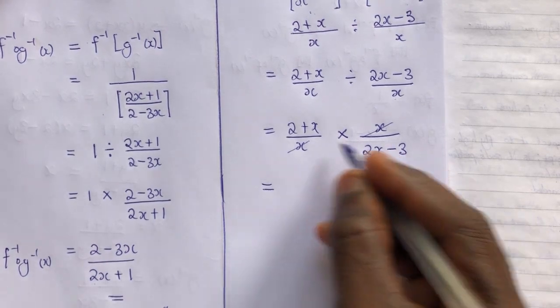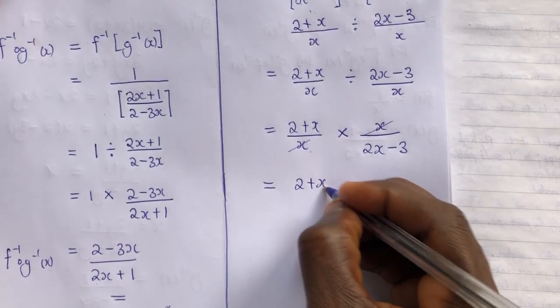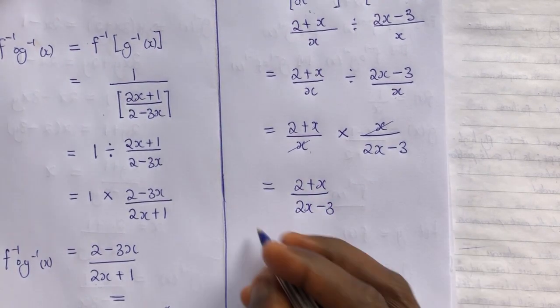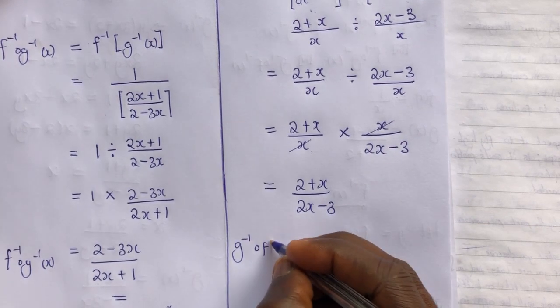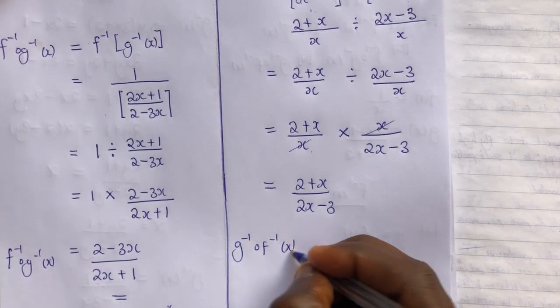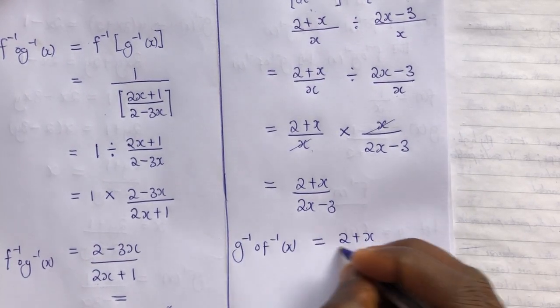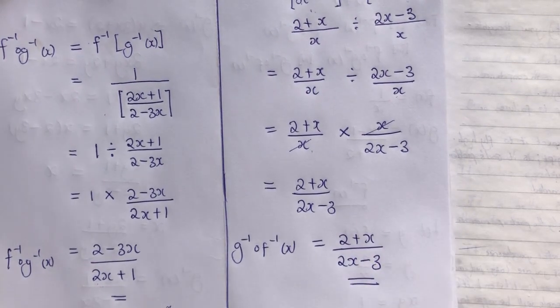We have 1 here, 1 here. This will give us 2 plus x out of 2x minus 3. So now g inverse of f inverse of x will be equal to 2 plus x out of 2x minus 3. So this is our final answer.